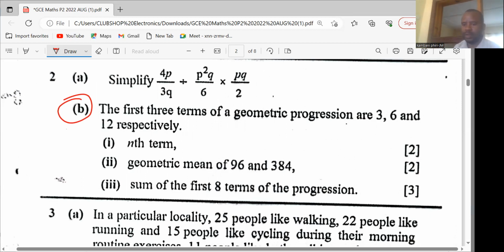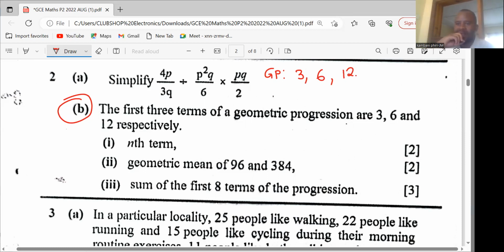So let's look at GP, part B. The first 3 terms of a geometric progression are 3, 6, and 12, respectively. So we have a GP, which is a geometric progression, defined by the first 3 terms, 3, 6, and 12.